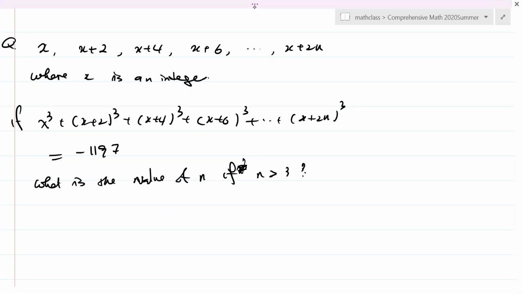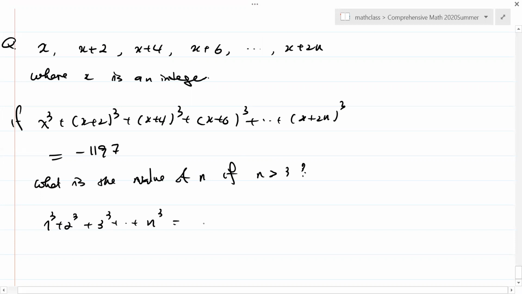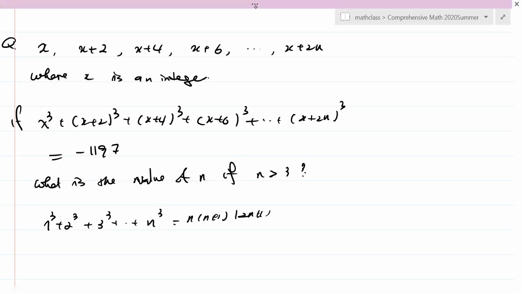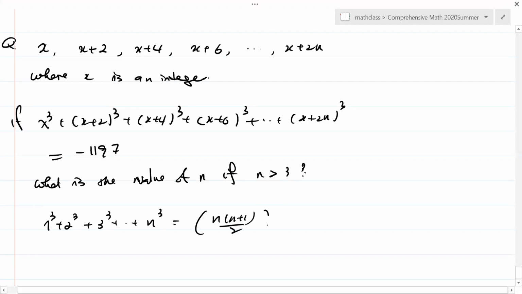It's really a challenging problem because you cannot find the formula directly. To solve this type of problem, you have to recall the formula for the sum of cubes: 1 cubed plus 2 cubed plus 3 cubed up to n cubed is n times n plus 1, over 2, squared.